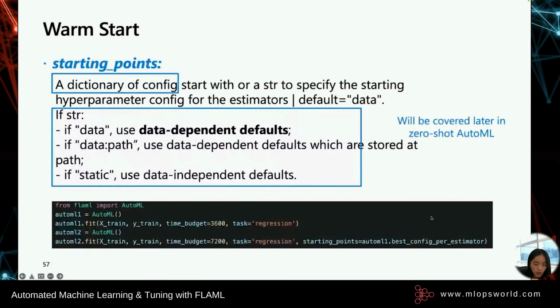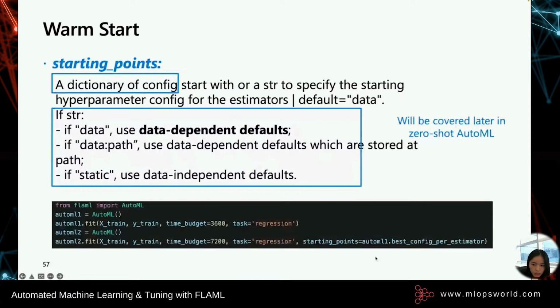In this code example, I first did an AutoML experiment with 1 hour time budget, from which I found a configuration with a decent performance. But I want to try if I can find an even better one with a larger time budget, say 2 hours.